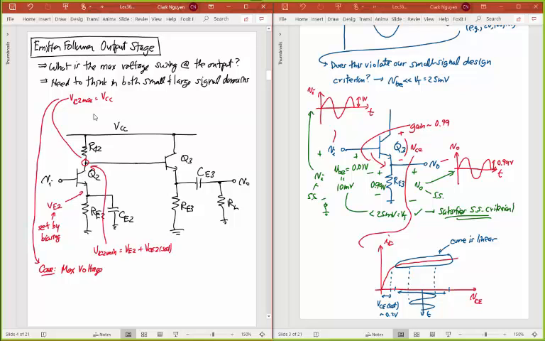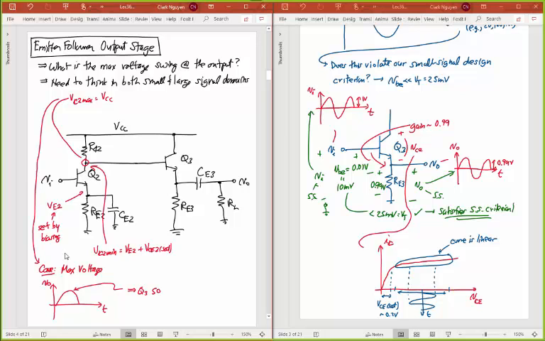If I were drawing a time domain signal and that was my output voltage here, this is coming up like that. What's happening at the output now is Q3 is sourcing enough current that goes into both R3 and RL that it can drive this voltage up to whatever that voltage needs to be up here.